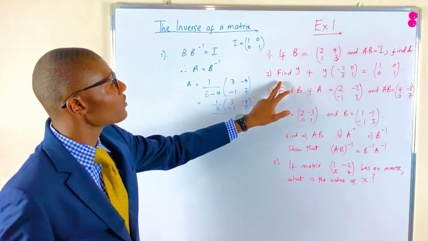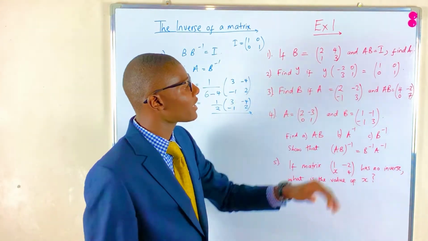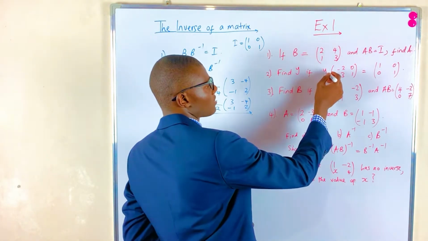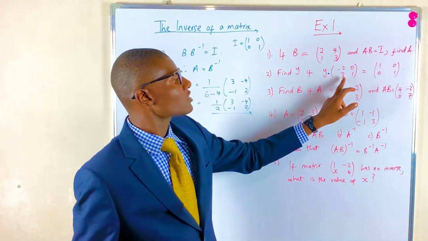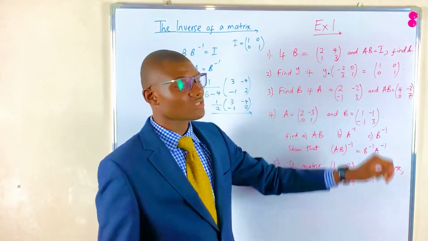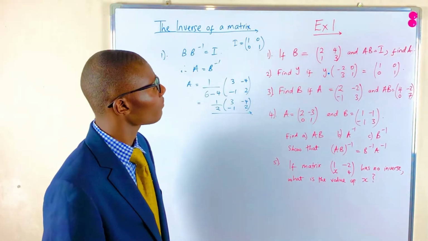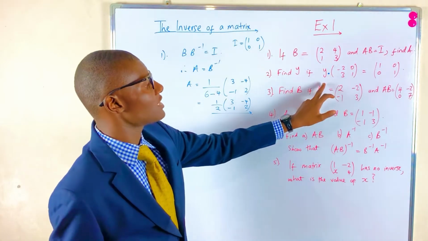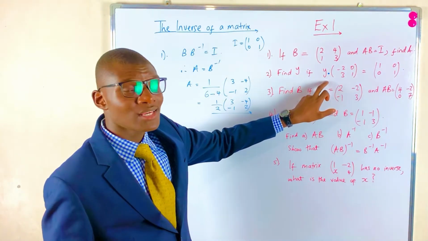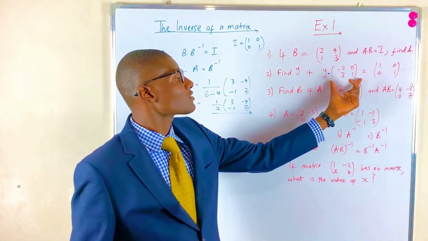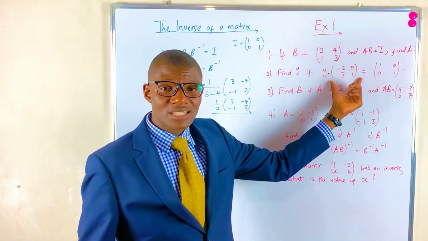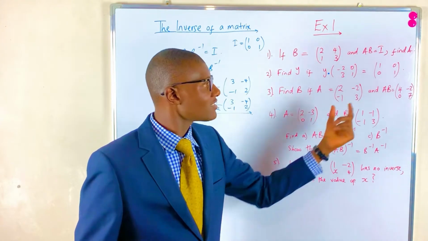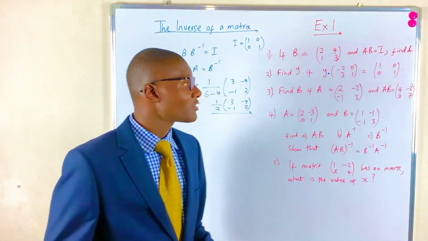Then number 2, find Y if Y times minus 2, 0, 3, 1 is equal to the identity matrix. This definitely denotes that Y is the inverse of this matrix, because we know that the product of this matrix and its inverse will give us the identity matrix.